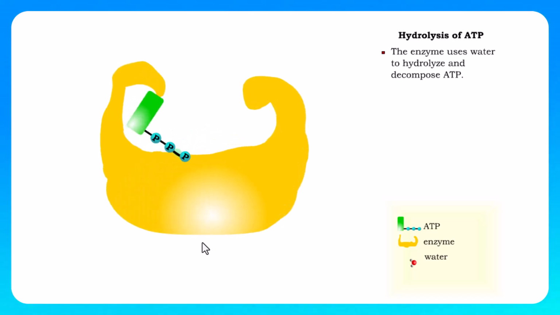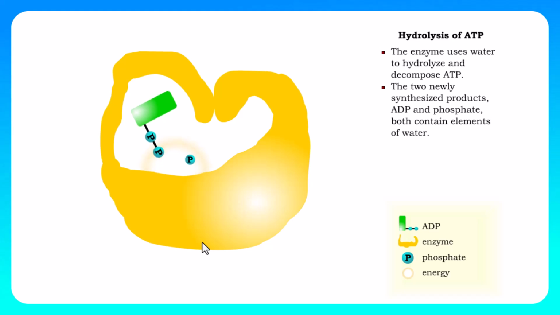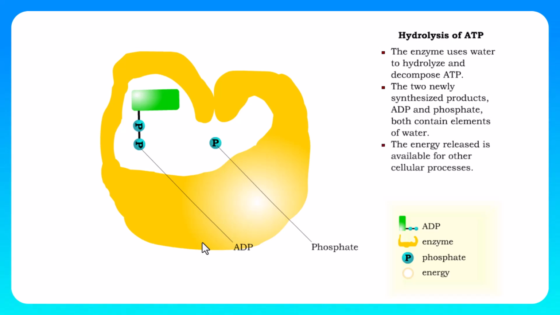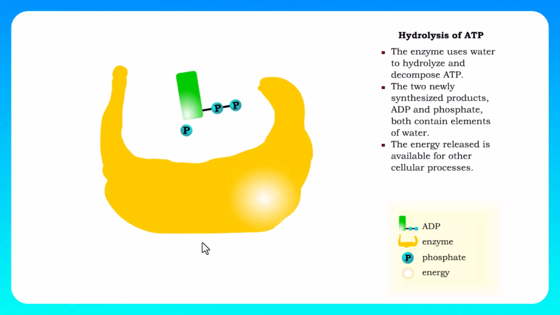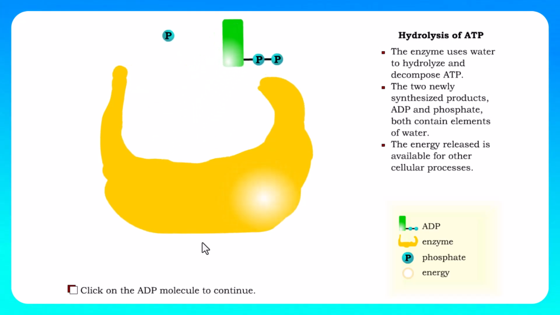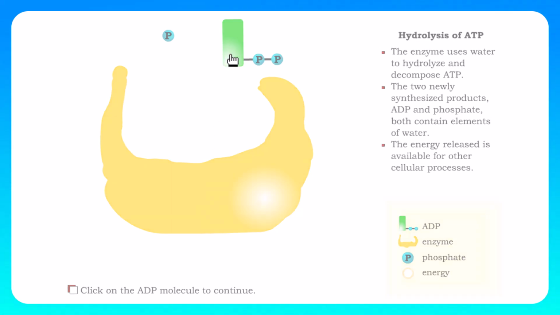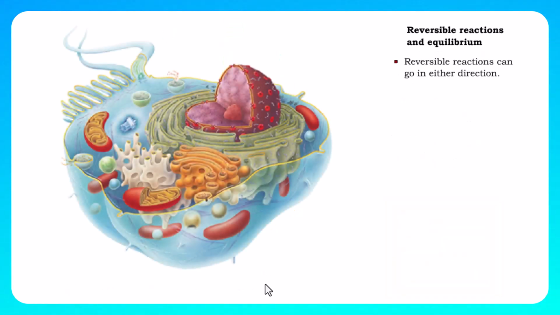A water molecule is used by the enzyme to break the bonds in ATP. Elements of the water are found in both the products, ADP and phosphate. The energy that is released is available for other cellular processes.